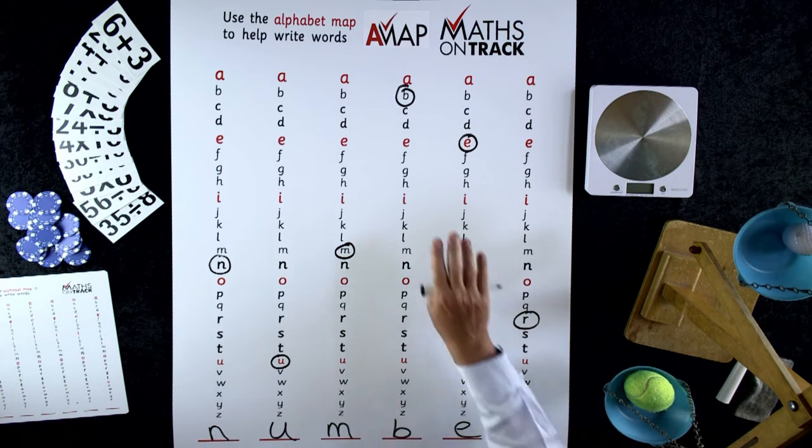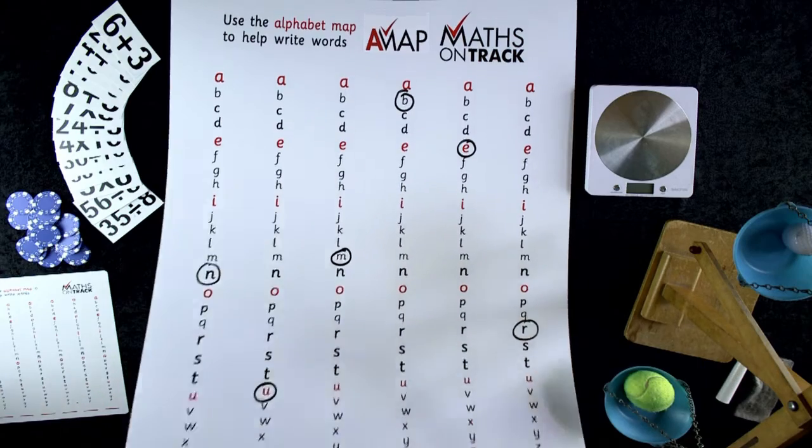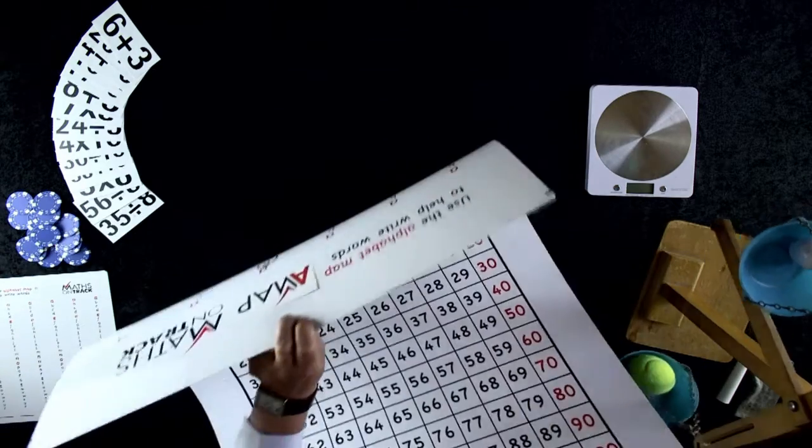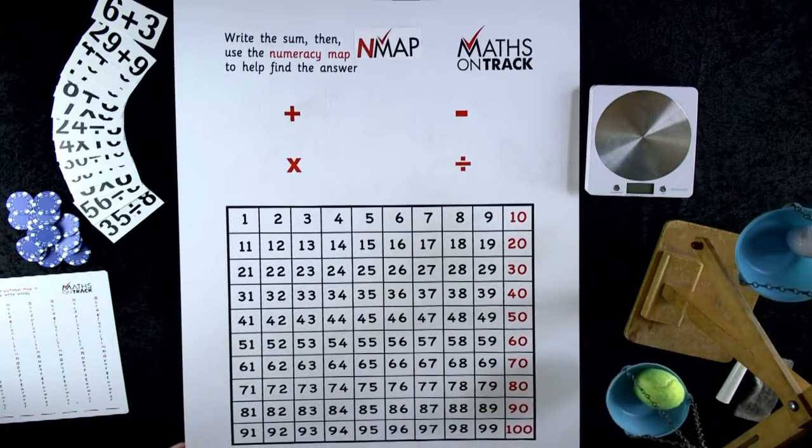And the mapping techniques that we can use with the alphabet map are just also fantastic for the numeracy map.